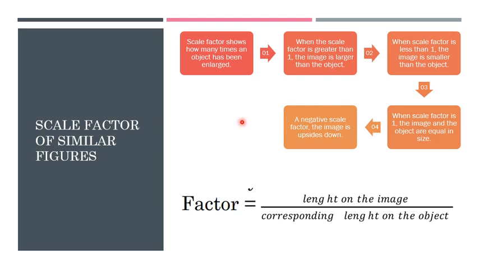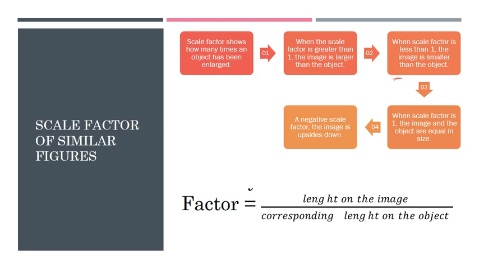Okay, so ngati ili more than 1 the scale factor, just know kunena kuti image imene yakulitsidwa it's greater than the image imene tikuyikulitsa. Okay, and when the scale factor is less than 1, the image is smaller than the object.